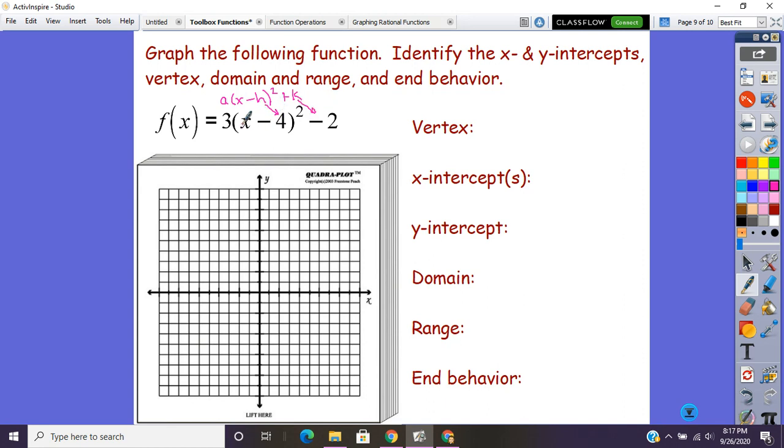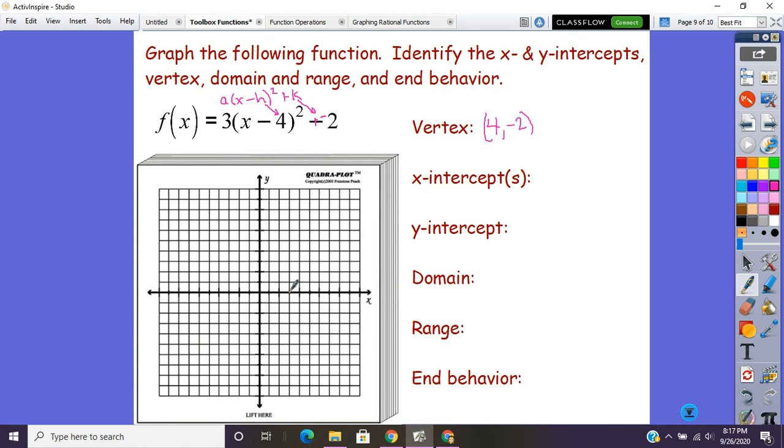Here's the way I think about it. Our h is always whatever is the opposite of what's showing here. Right now it looks like a -4. That means our h is a +4. And h and k is our vertex. K, since it says plus k, this would be the same as saying plus and -2. So our k value is -2.